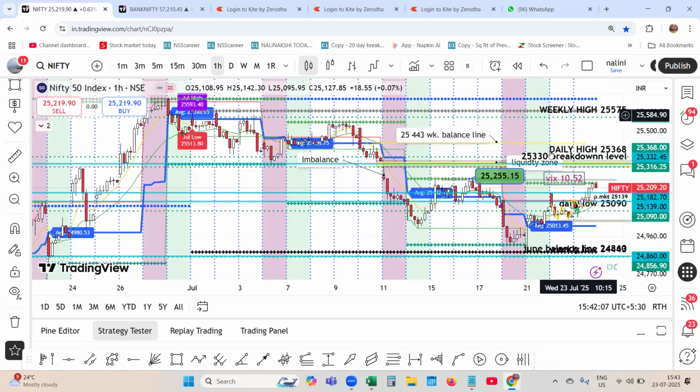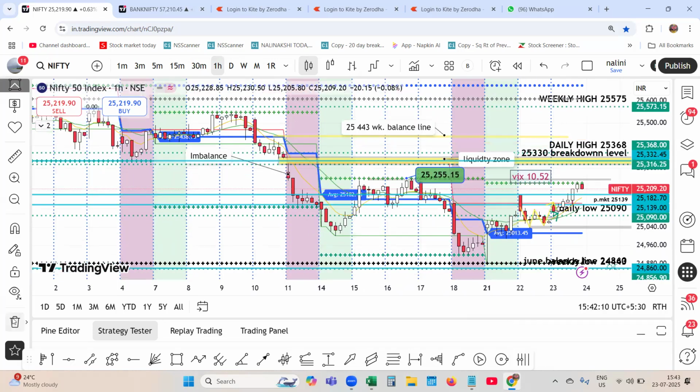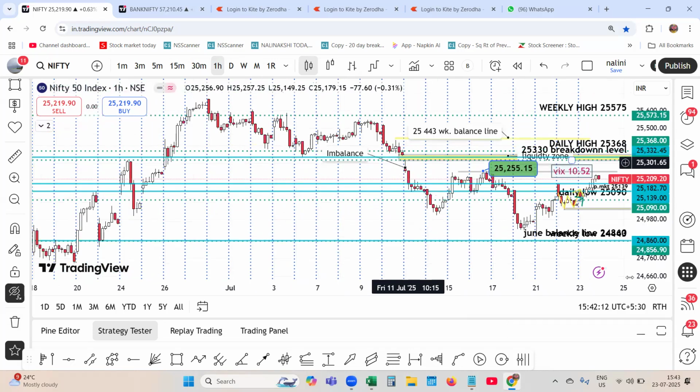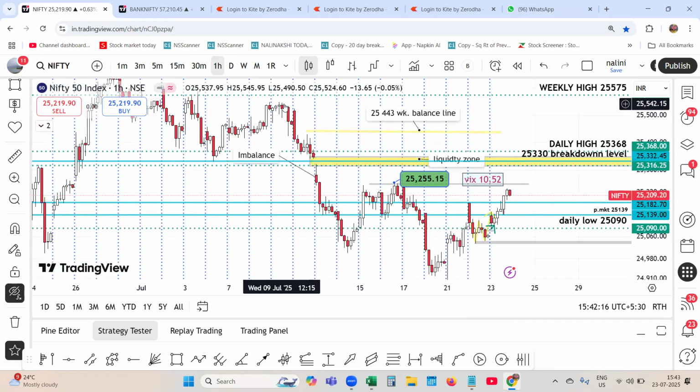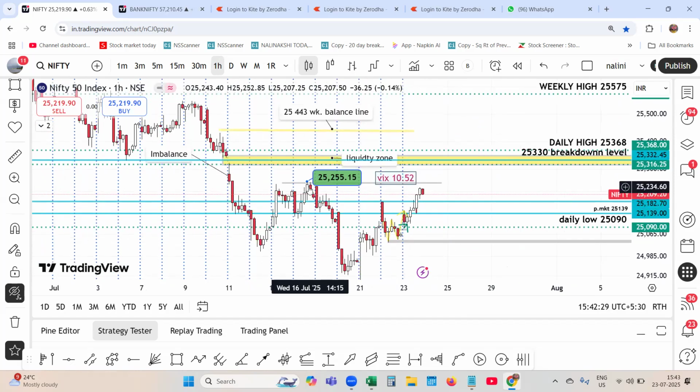Let me hide the indicators and show it to you people. The market after the breakdown, this was the long leg of breakdown. The 50 percentage of the breakdown is around this level, 25,333, and the market can trap this and go to this level and get resistance over there.